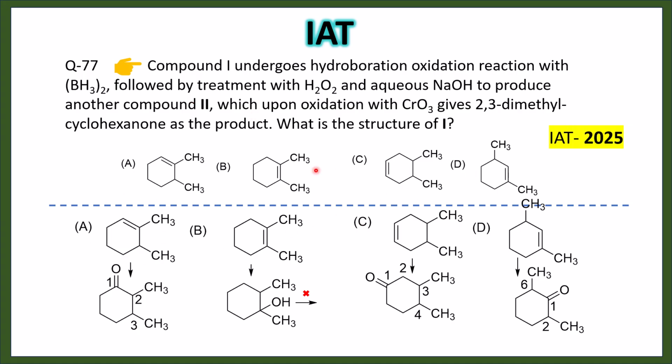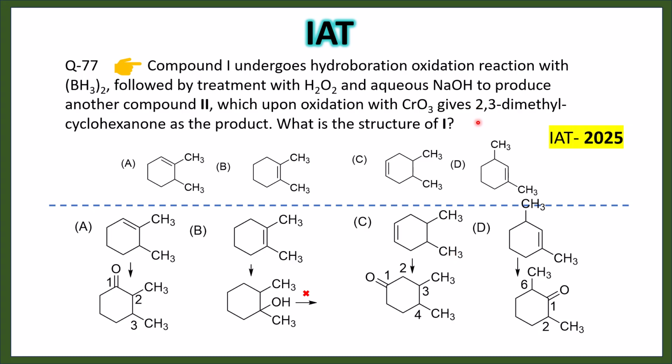Let's check the other alkenes. In these cases, the alcohol comes on either side, so oxidation does not happen, this is a tertiary alcohol. In this case, again, the alcohol comes on either side, since it is the symmetrical side, so it gives the alcohol, and further oxidation gives the ketone, and we can number 1, 2, 3, 4, which gives 3,4-dimethyl.